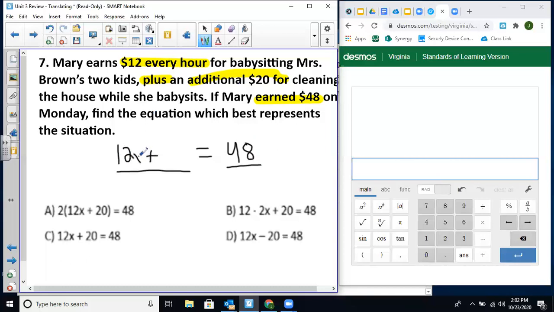I don't know how many hours she worked, but I know that every is a word that indicates multiplication, like each or per. So I can represent that as 12 times x for however many hours, plus this flat fee she got of $20 for cleaning the house. So our answer is going to be C.